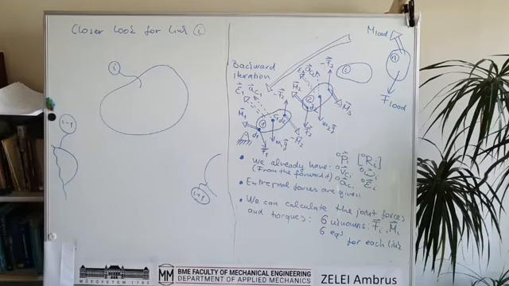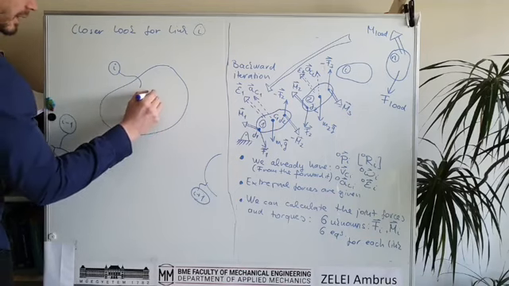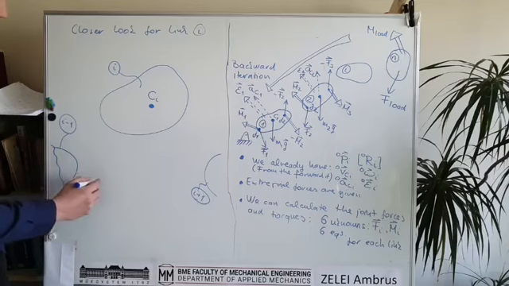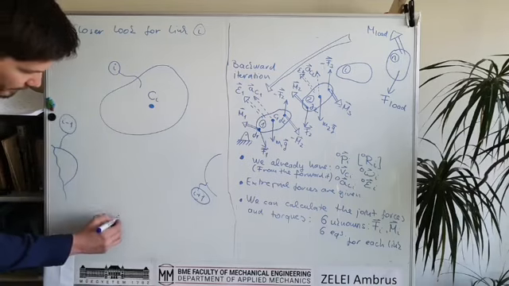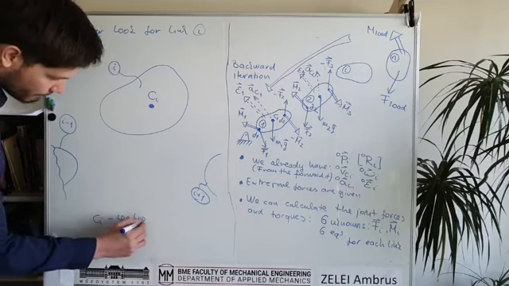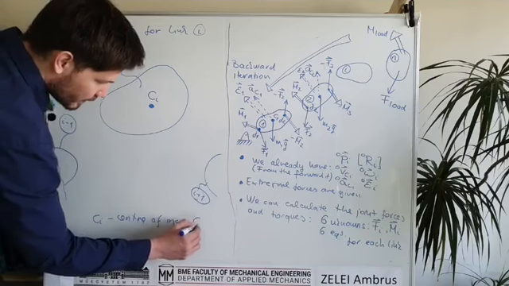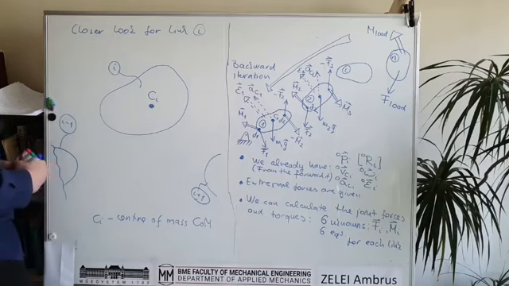So this link has a center of mass, of course. This is Ci, this is the center of mass point. It will be abbreviated with COM if we need it.